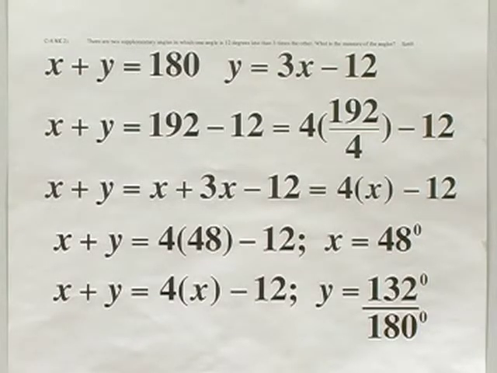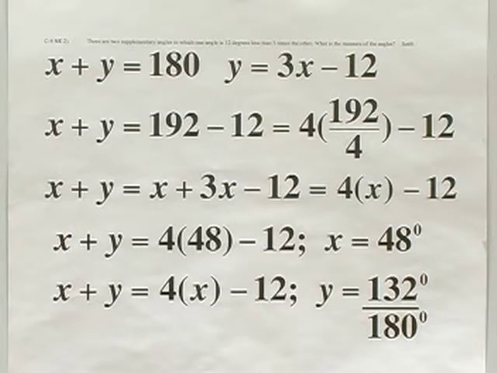This is a problem that's going to involve 2 variables, x and y. There are 2 supplementary angles of which one angle is 12 degrees less than 3 times the other. What is the measure of the angles? Angle x plus angle y equals 180.